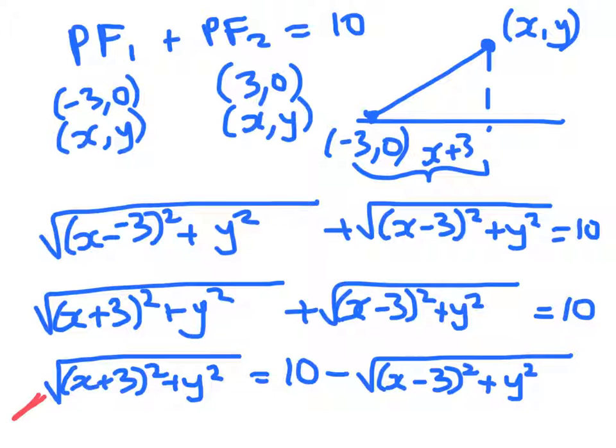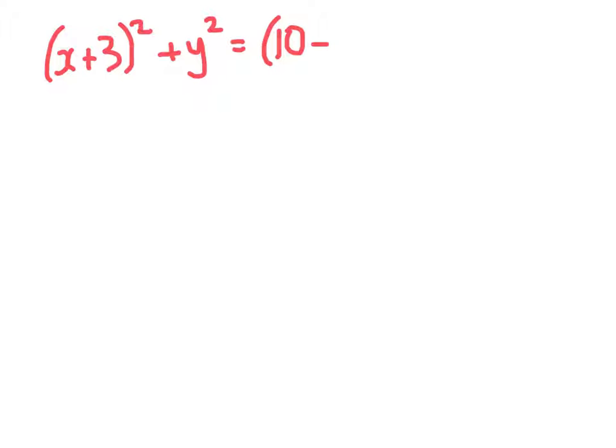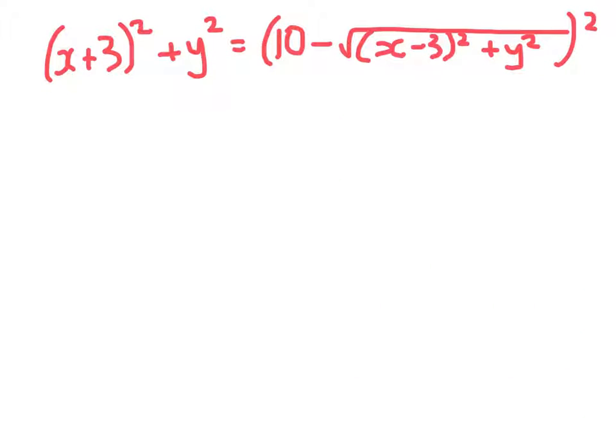So as usual, as long as we do the same thing to both sides of the equation, nothing will go wrong. So on this side, I'll have x plus 3 squared plus y squared equals, and over here I'm going to have 10 minus this squared. So we need to work on that side.